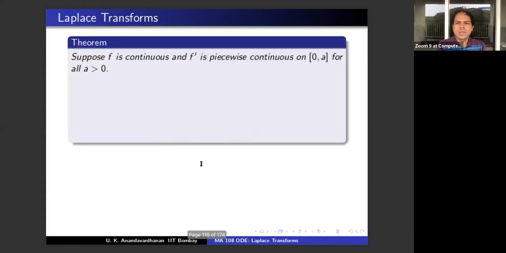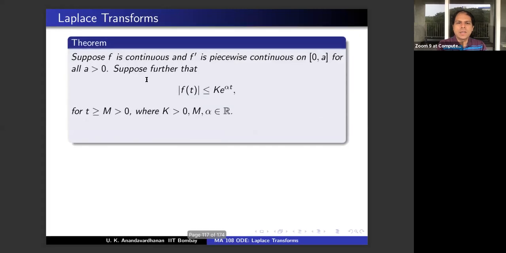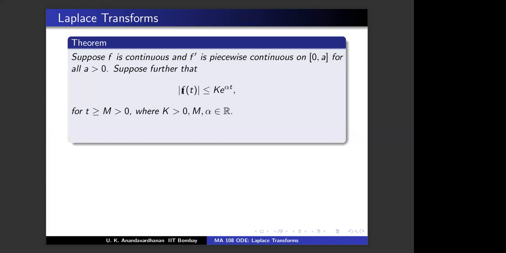What you know is f is continuous, and f' is piecewise continuous on 0 to a, and you know all these things. From this, can you conclude something about f of infinity? I mean, what is happening when f is going to infinity? Yeah.